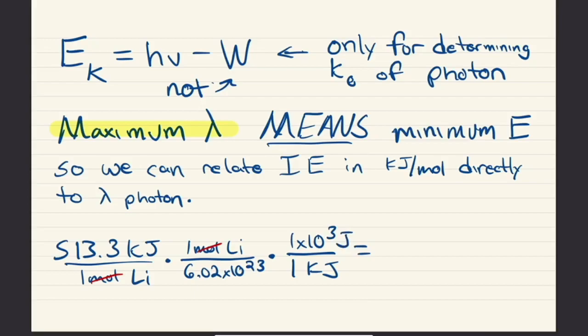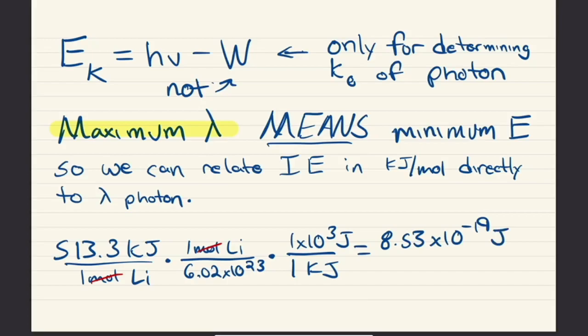We will see that this value gives us 8.53 times 10 to the negative 19 joules.